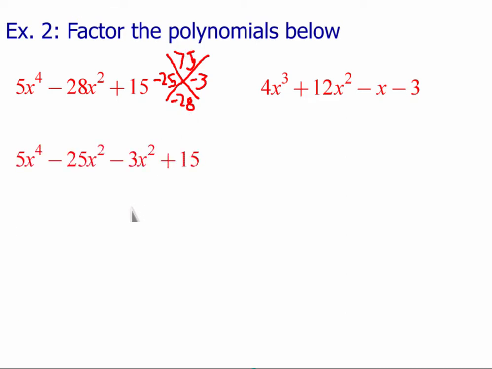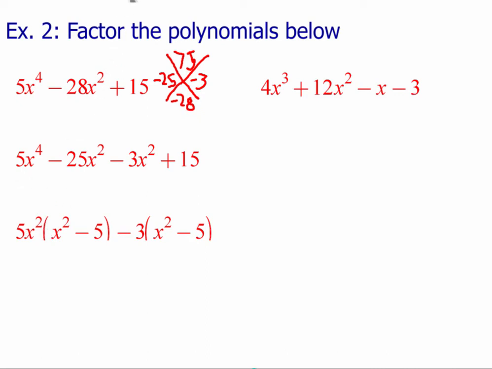All right, so I just split it up like this. 5x to the fourth minus 25x squared, this is a squared, so I make them squared, minus 3x squared plus 15. Now I'm just going to do greatest common factor here. The greatest common factor of 5x to the fourth and 25x squared is 5x squared.